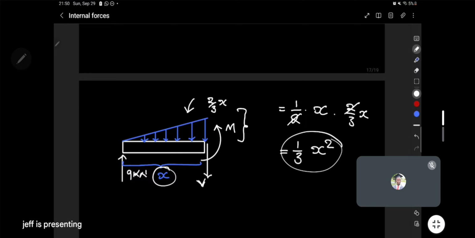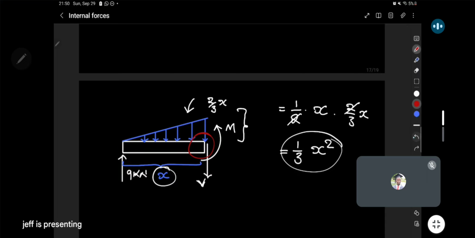In other words, we can look at the distributed load as if it was just one force. Before I remove it, it will just be one force acting at one point. But what point will that be? It will definitely not be the center because this is triangular. It is more concentrated near this end than this end, so it will be closer to this end. But how close?